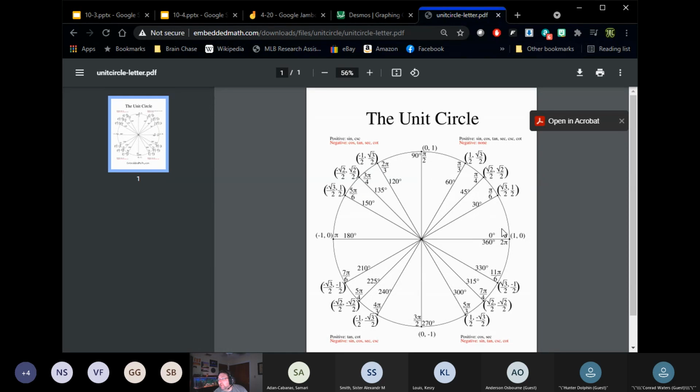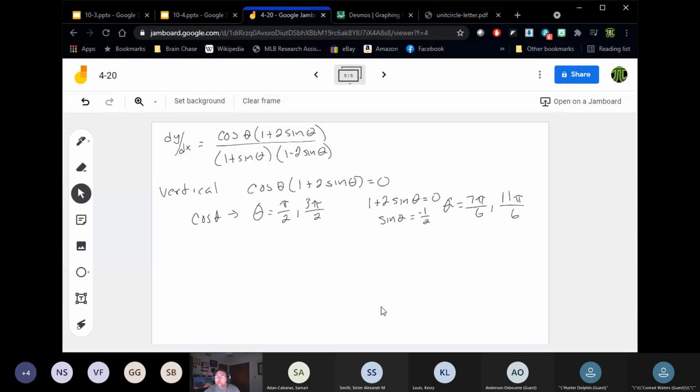Remember, we're looking for the y values. So -1/2 is at 7 pi over 6 and 11 pi over 6. Those are the two values that are going to give me 0 for that one.